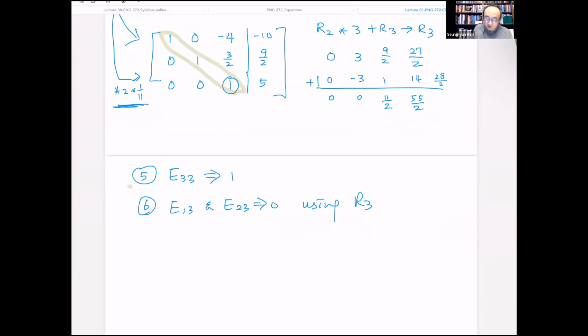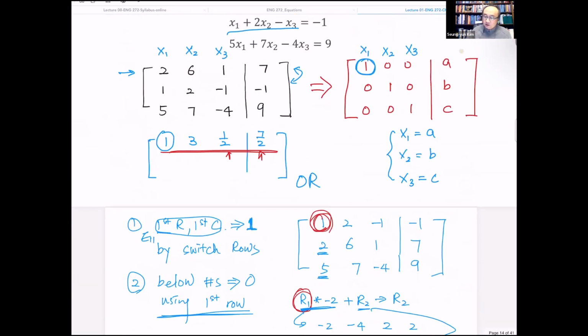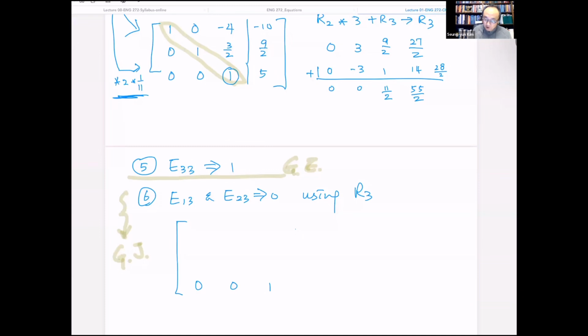Once we have this, that's the Gaussian elimination method. Starting from step number 6 is the Gauss-Jordan elimination method. You don't need to know the difference between the Gaussian elimination and Gauss-Jordan method, because I'm just going to ask you to do the Gauss-Jordan elimination method, meaning all the way down to everything being 0, just like this: 0, 0, 1, and 5.